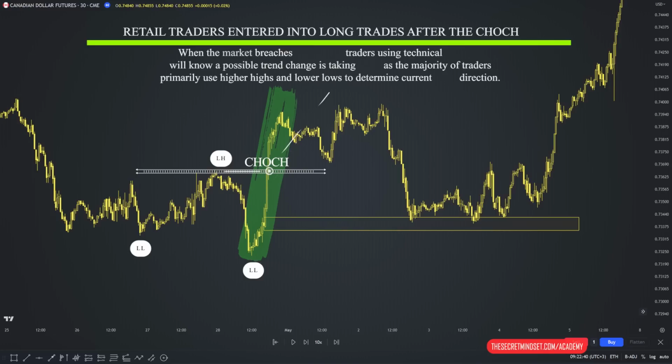The reason why this change of character gives the zone a better chance of working out is partially down to the retail traders who enter into long trades on the candle which breaks the swing high. When the market breaches a high or a low, traders using technical analysis will know a possible trend change is taking place, because the majority of traders primarily use higher highs and lower lows to determine the current trend direction.